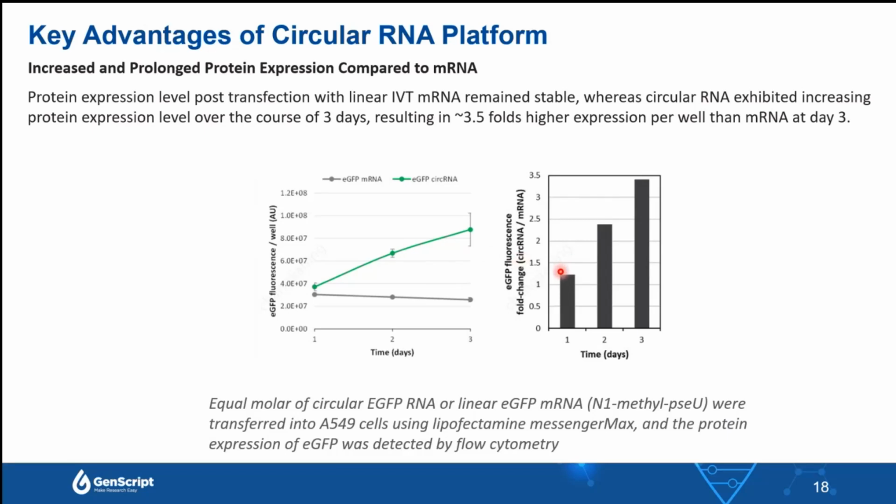Protein expression level post-transfection with linear IVT mRNA remained stable, but the circular RNA exhibited increasing protein expression level over the course of 3 days, resulting in about 2.5-fold higher expression per well than mRNA. So it's about the protein expression.